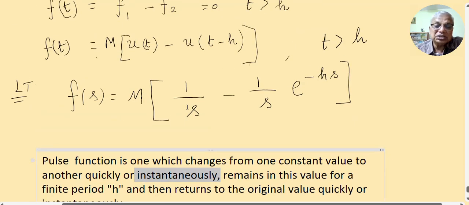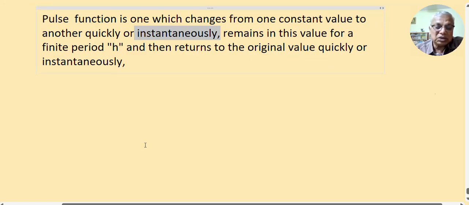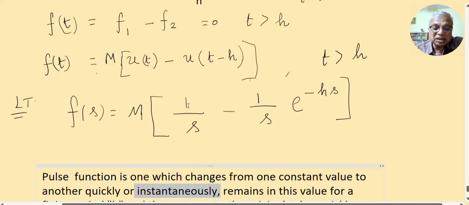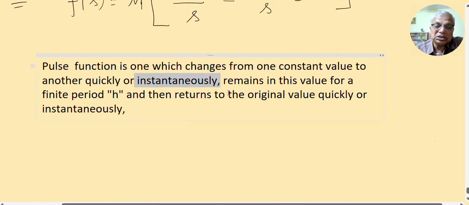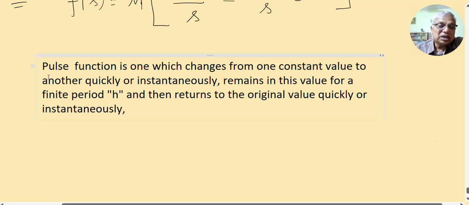Both the changes, from the initial constant value to the new constant value, and then returning to the initial constant value, are instantaneous. So this is called a pulse function. I hope I have made the pulse function and the equations clear.